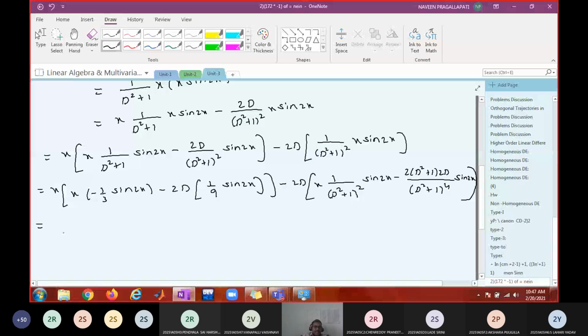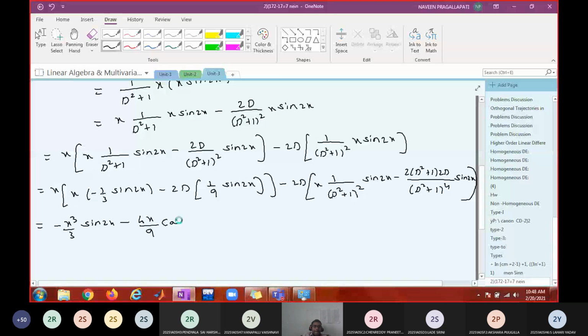x into x, so minus x square by 3 sine 2x. Derivative of sine 2x is 2 cos 2x. 2 2s are 4. So minus 4x by 9 cos 2x.